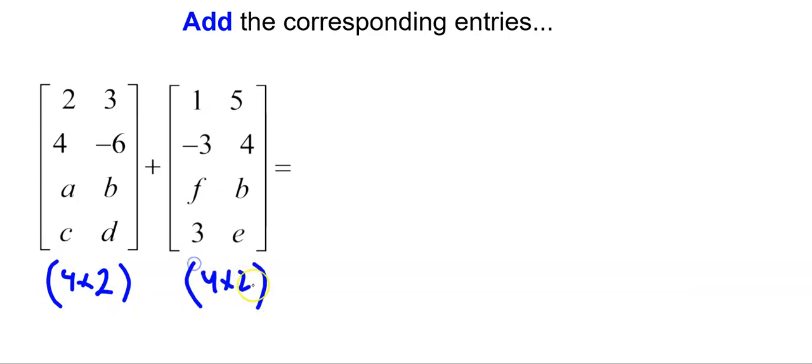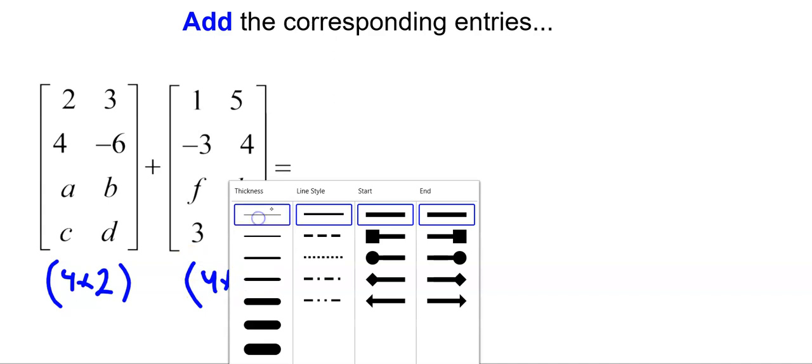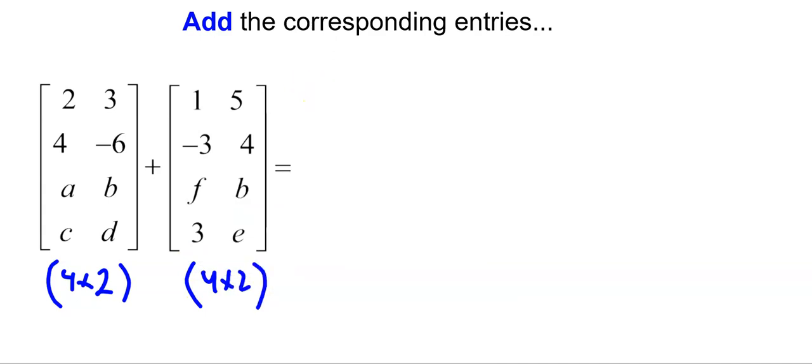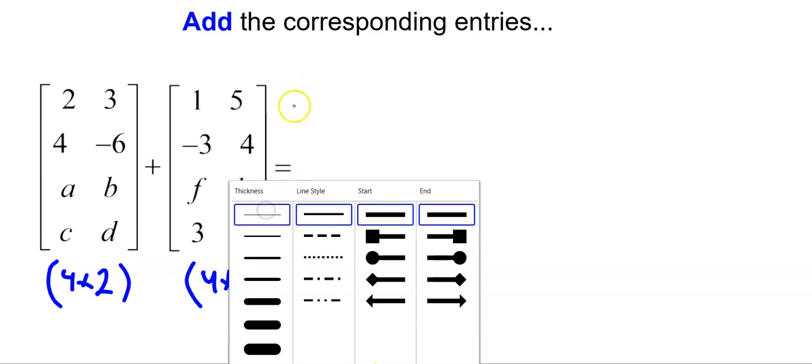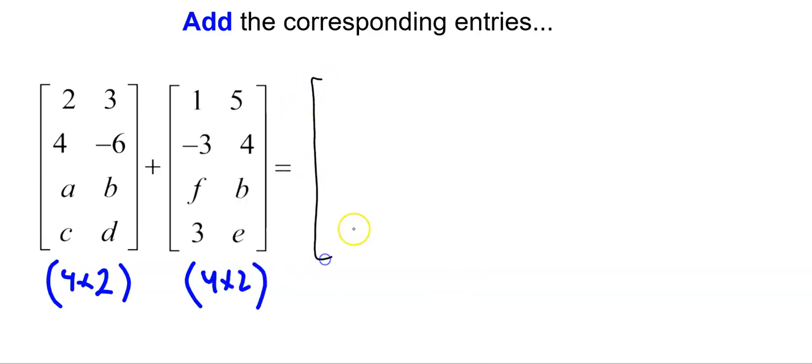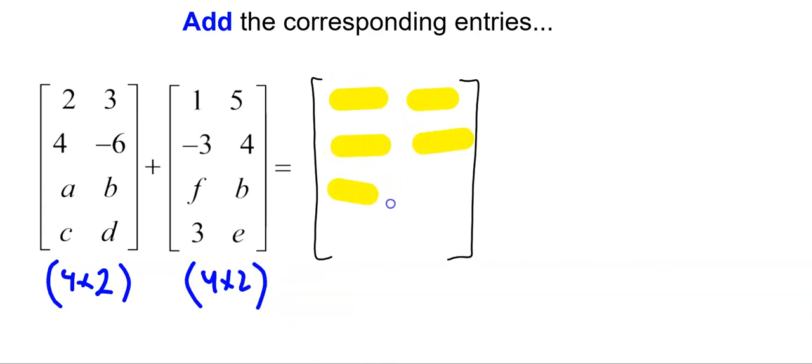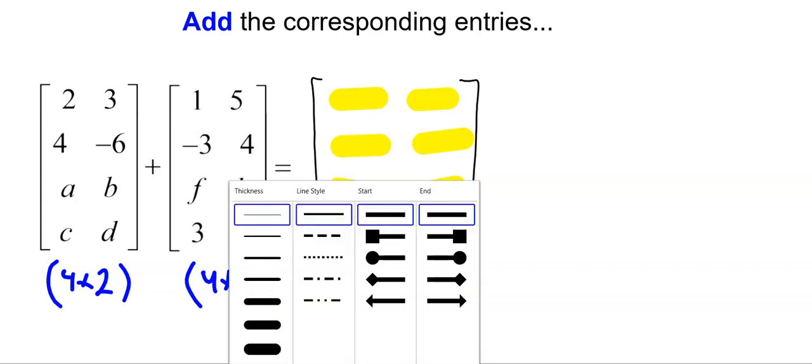So to add 2 matrices, they have to be the same size. The dimensions of the answer are also going to be the same size, so it's going to be 4 by 2. I've put spots in there where we're going to fill that in.